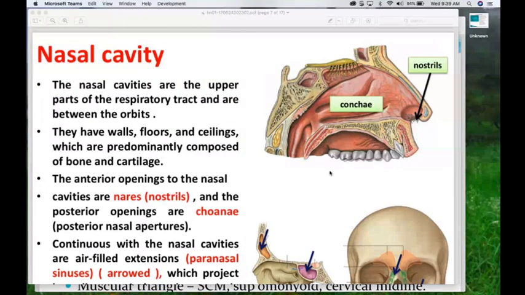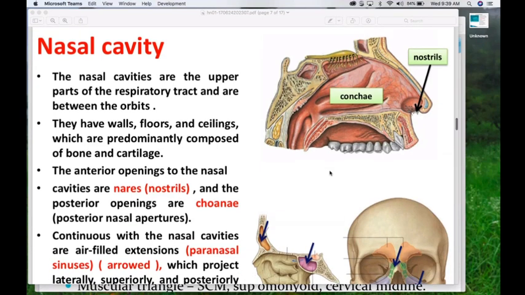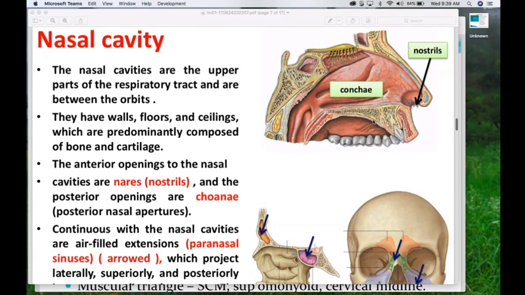Now the nasal cavity. The nasal cavities are the upper part of the respiratory tract and are between the orbits. They have walls, floor, and ceiling, which are predominantly composed of bone and cartilage.